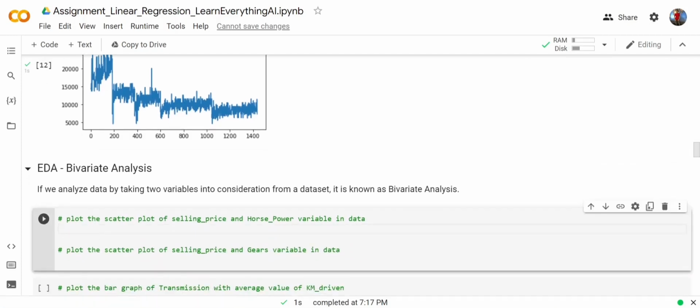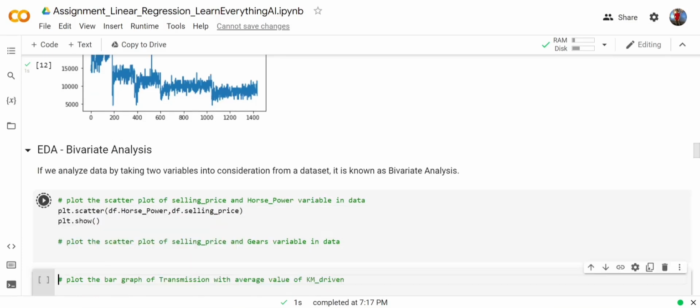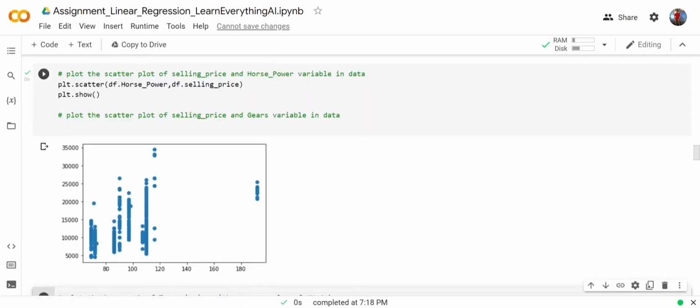So this is much of the information that we can gather and extract from univariate analysis, and now we have to proceed towards bivariate analysis if we have to make more conclusions. So let us now plot a scatter plot of the selling price and horsepower variable to show what exactly the relationship between them is. So we say plt.scatter, and this is our variable, and we do it with the selling price variable, and then I say plt.show.